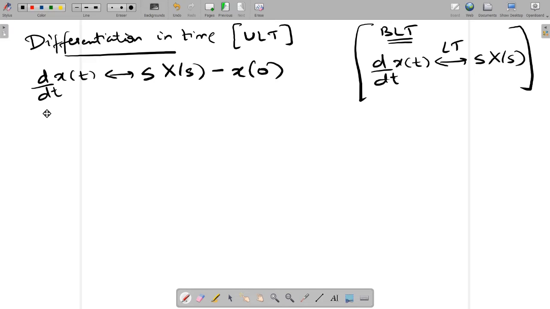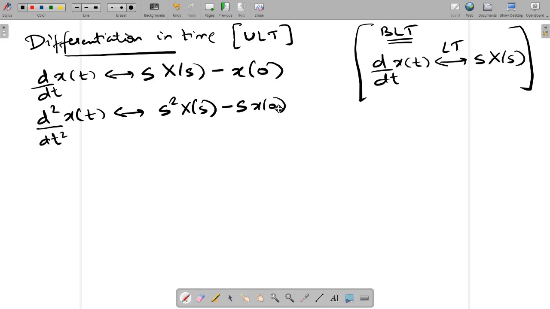d squared by dt squared x of t, double differentiation, is s squared X of s minus s into x of 0 minus x dash of 0.